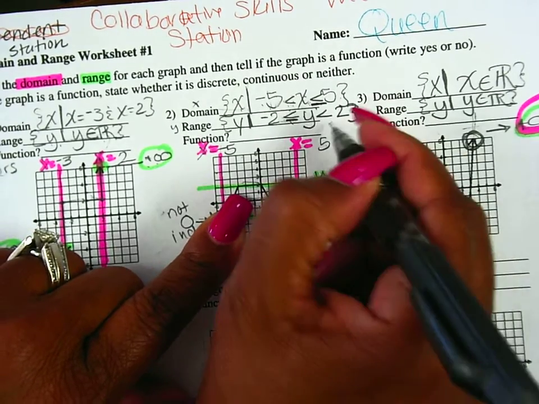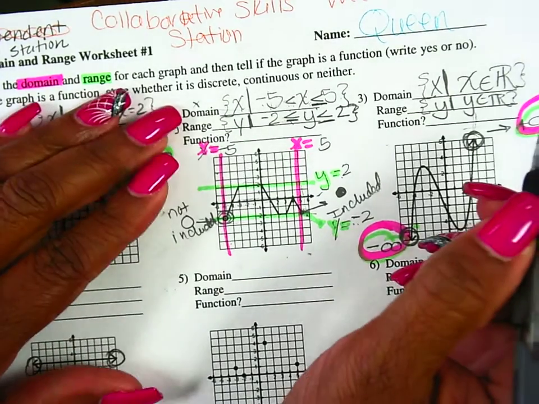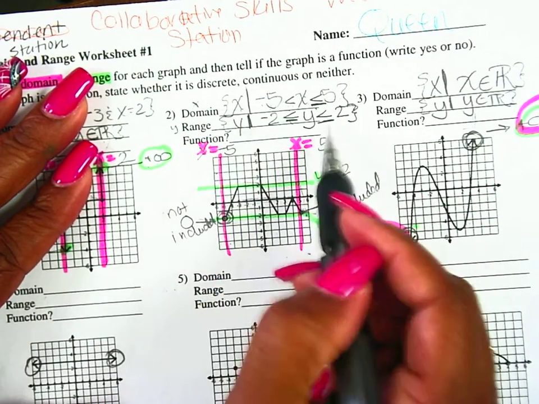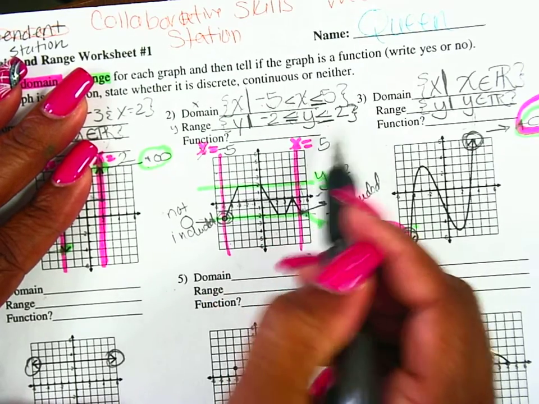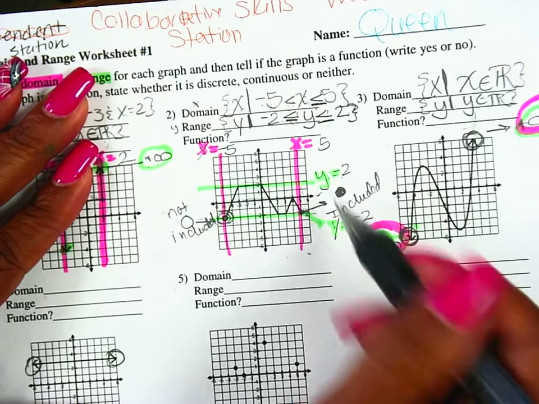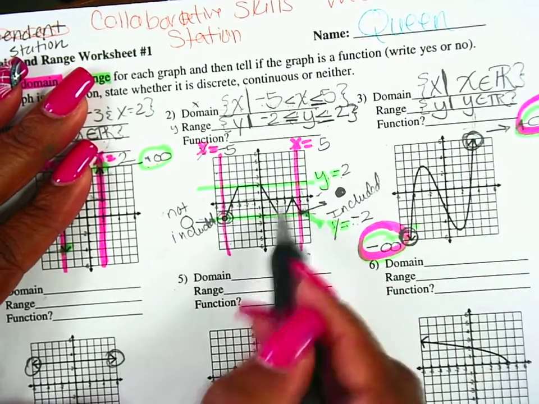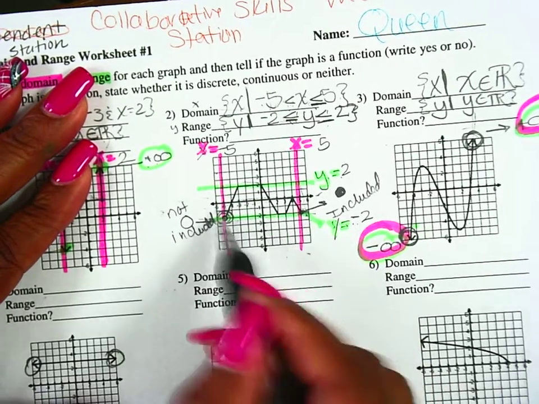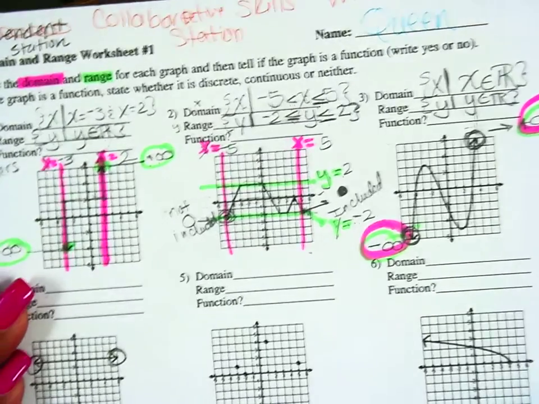It's not open, so that should be equals as well. So this is read as y such that y is greater than or equal to -2, but less than or equal to 2. Any number, including the 2 and the -2, and anything in between, counts. I can go anywhere in between here, horizontal on the y-axis, and I can get to this graph. So that's the domain and range for that one.